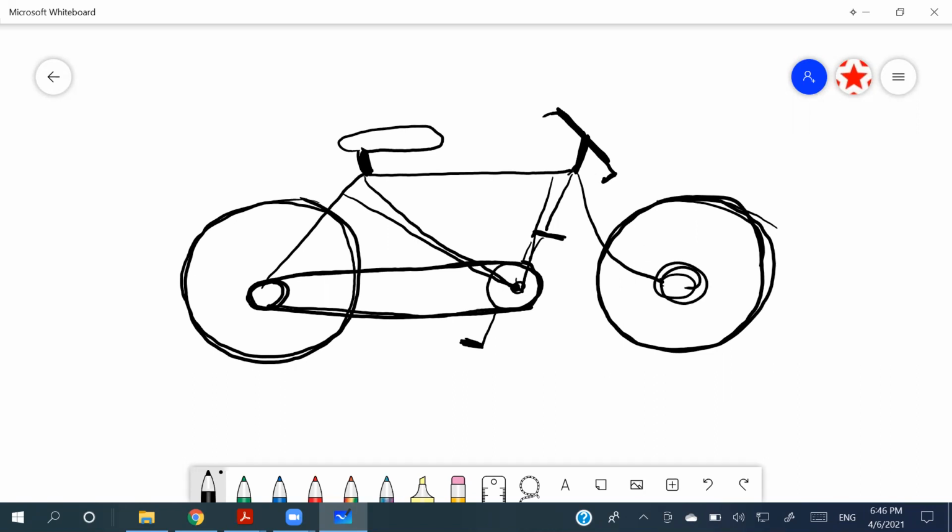So wheels, handles, seat, the frame, those are interrelated components, right? So these things work together to achieve the common goal. The common goal is traveling, right? Or like moving from one point to another point, right?